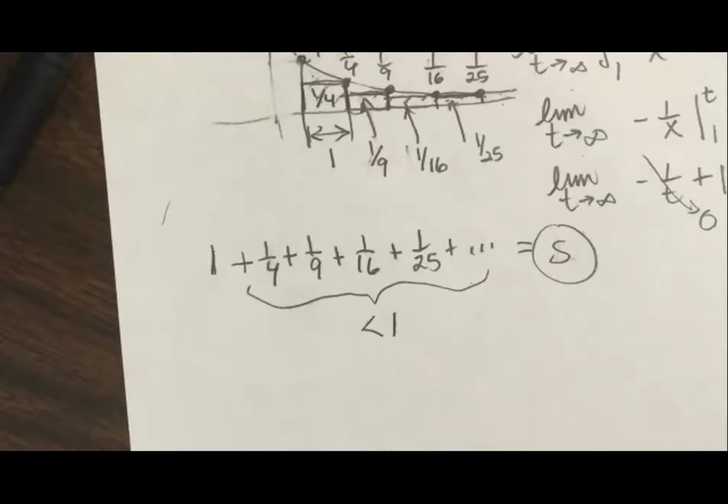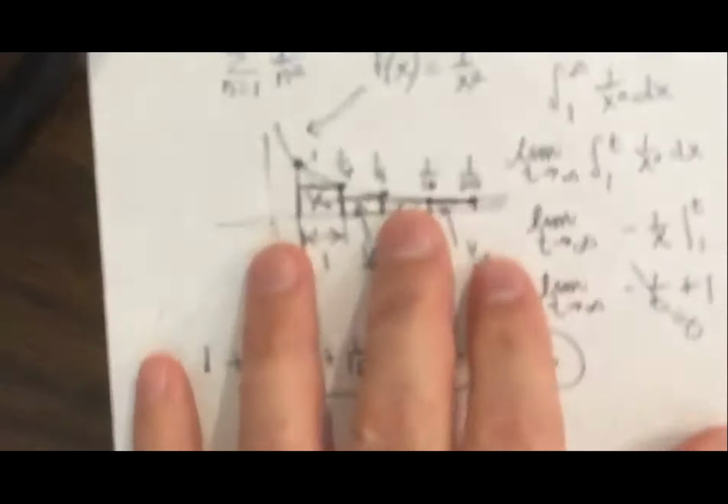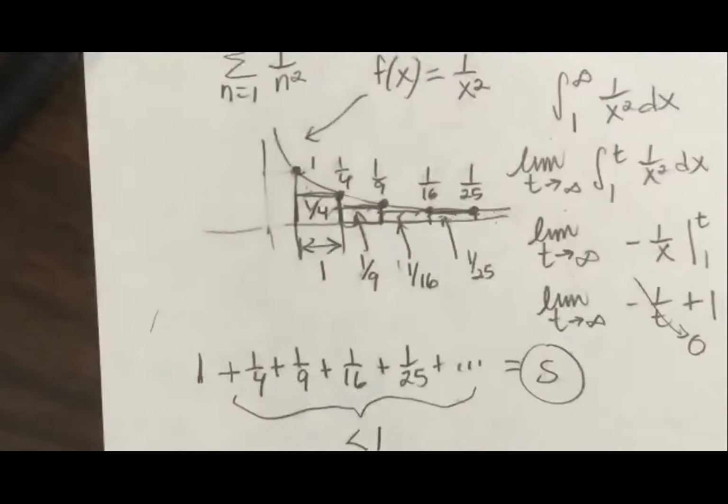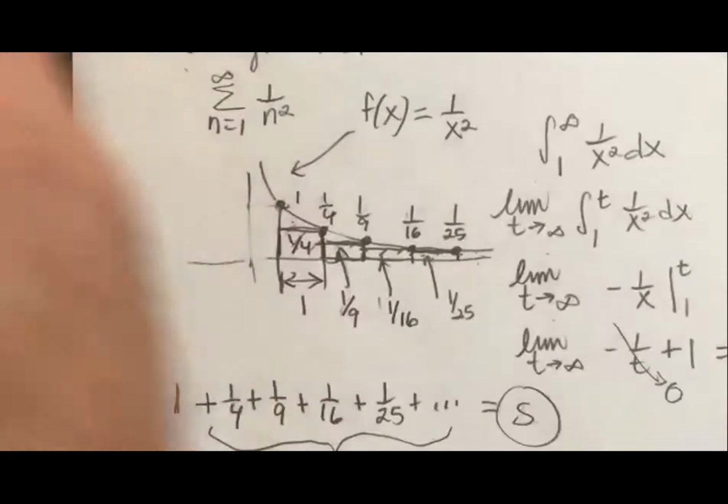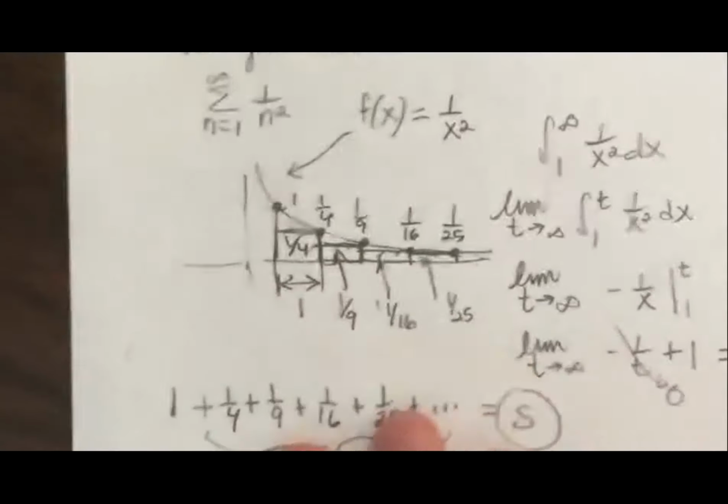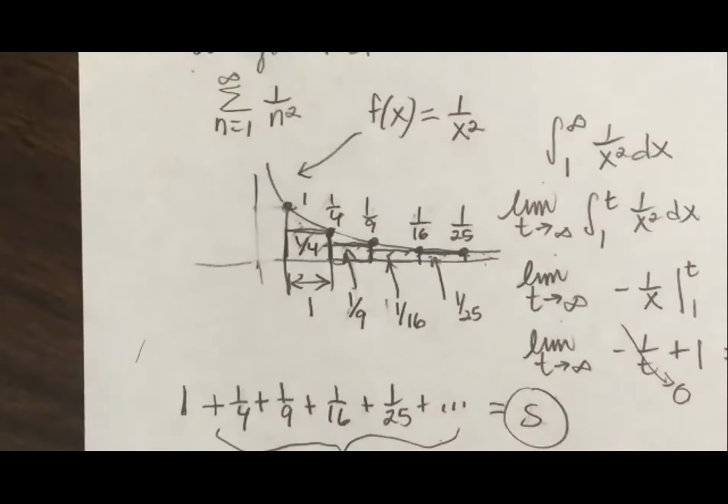At this point, I don't care what the sum is. I just care that it actually has one. So we wanted to prove that it converged. And this trick that we used is a great trick. It doesn't work all the time, but it certainly works for a lot of them.